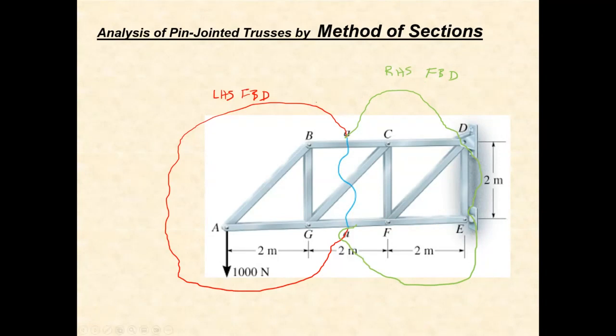Okay, can I ask everyone in the class to grab a piece of paper and try to draw the left-hand side and right-hand side free body diagram. I give you 5 minutes, and then we try to draw the same free body diagram together. Okay, 5 minutes to start now.